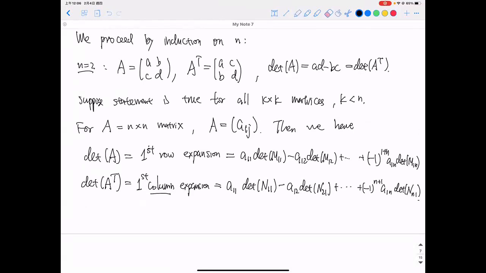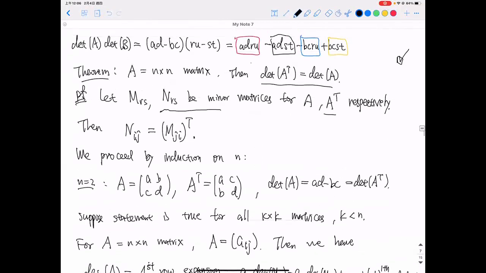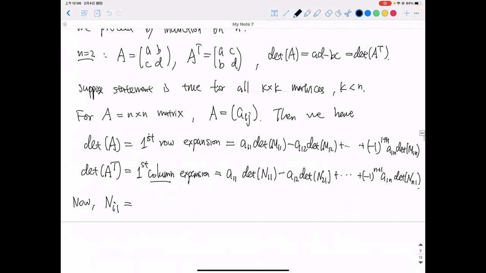So now the point is, all these determinants that occur in the expansion are of the form determinant of Ni1. And as we observed above, Ni1 is the transpose of M1i.